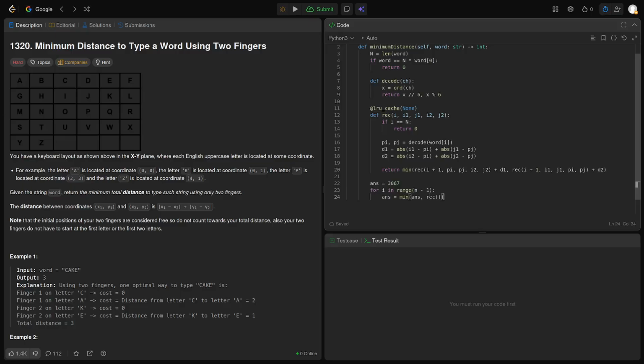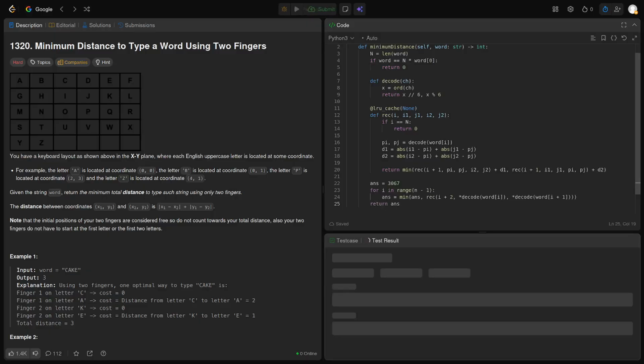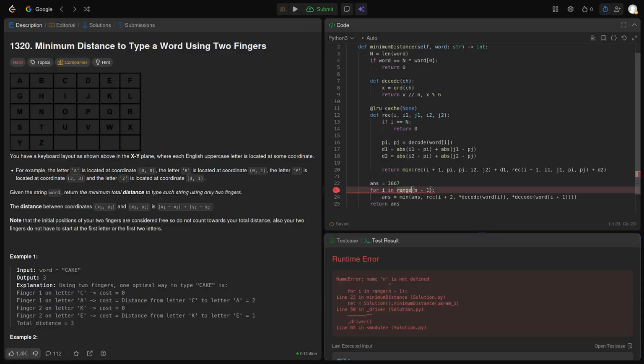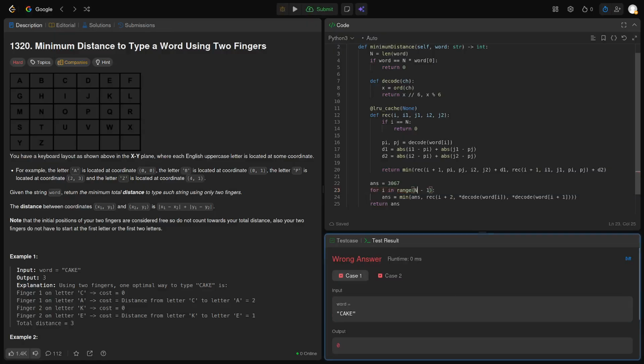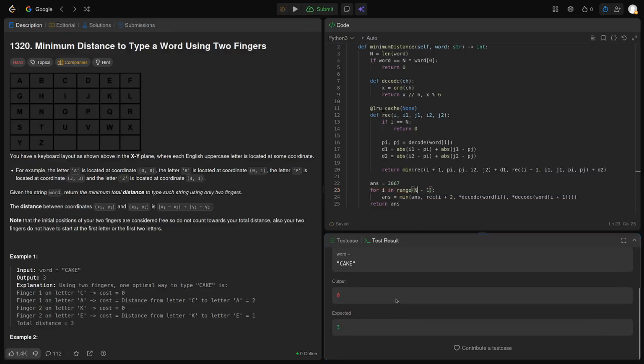So n minus 1 and i plus 2, and then the position of the first finger is decode of word[i], decode of word[i plus 1], and then this, and then n is not defined, okay, 0, interesting.